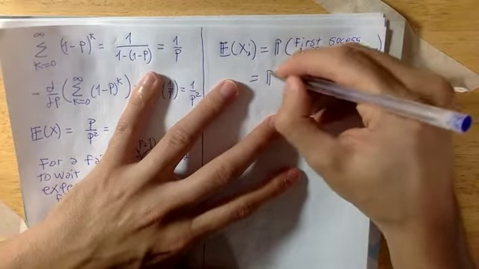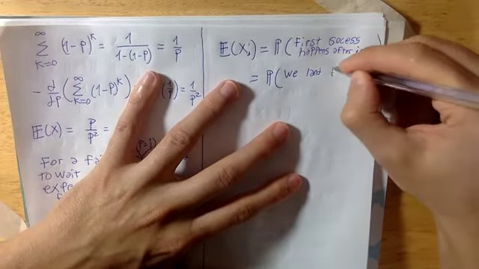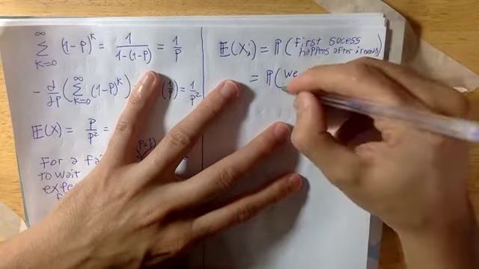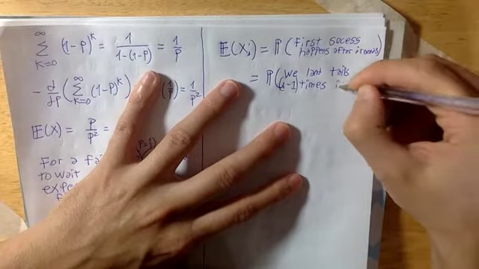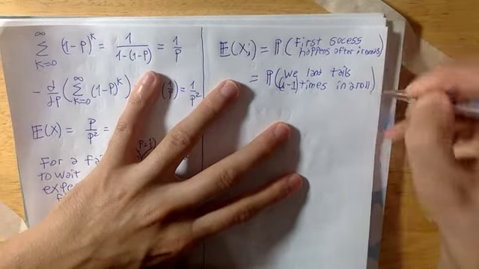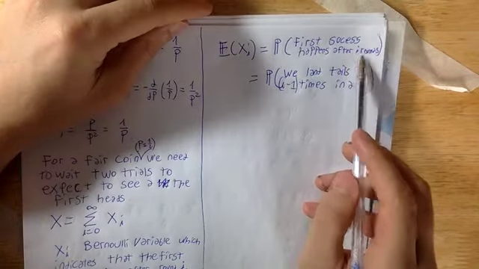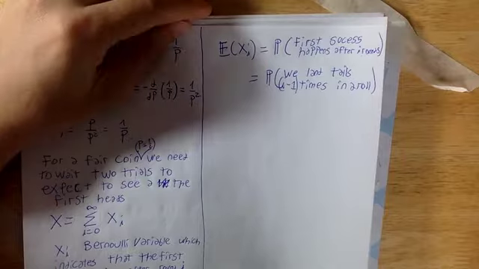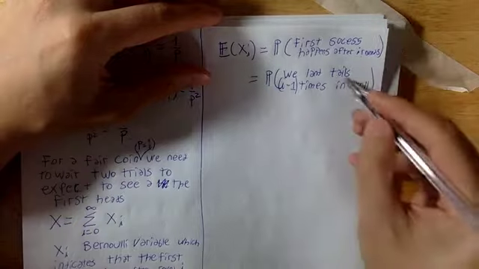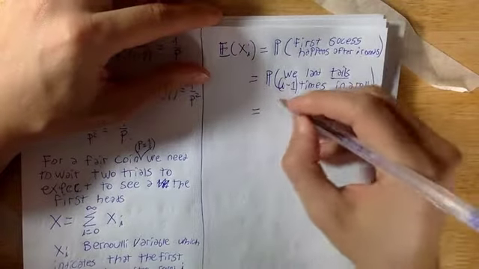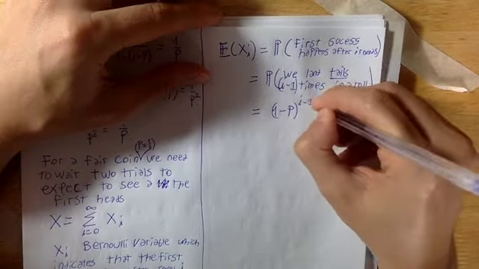This is equal to the probability that we land tails i minus 1 times in a row. Having that the first success happens after i rounds is the same as saying that in the first i minus 1 times I flip the coin, you get tails. Okay, so what is this? This is going to be (1 minus p) to the i minus 1.